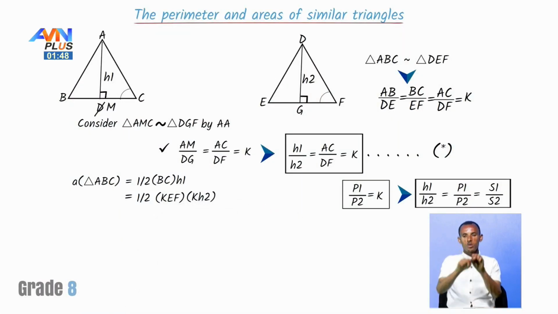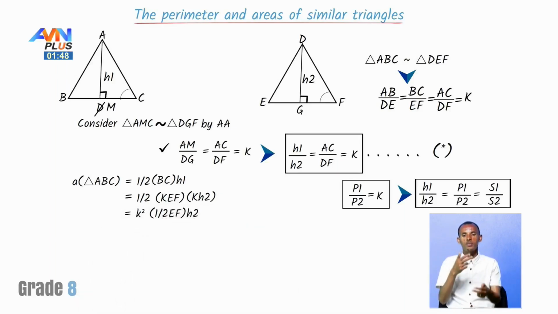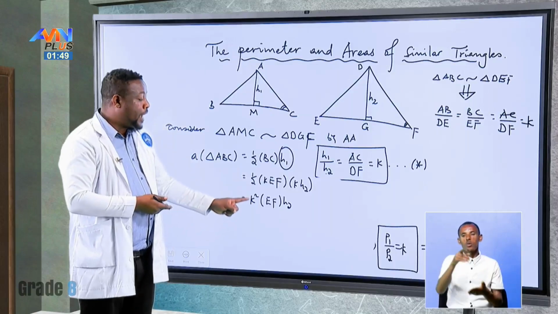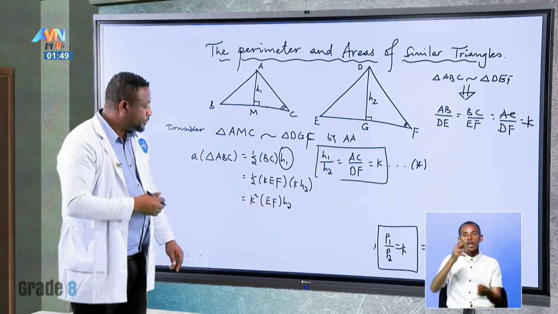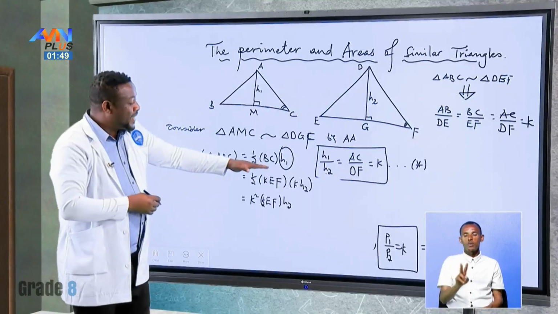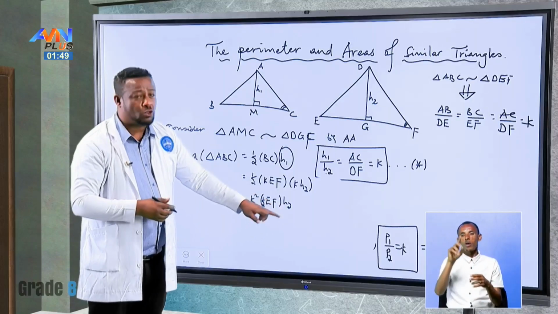So now we have K times K is K squared, times EF times H2. But there is also a half here. So this is exactly the same as K squared times half of EF times H2.